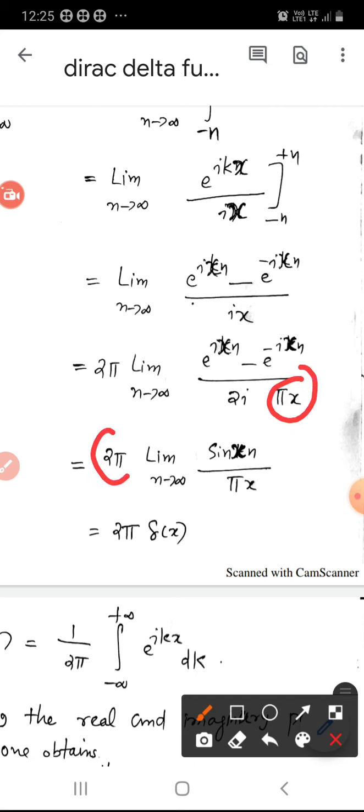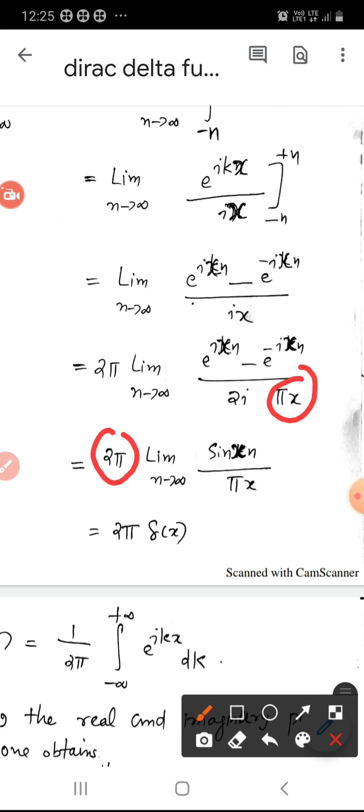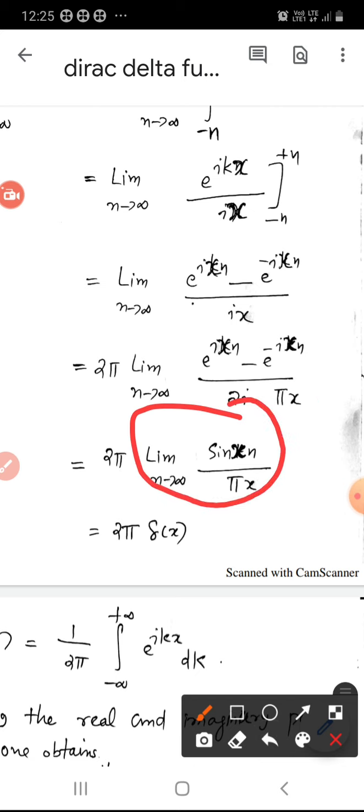So this is the limit as n tends to infinity of [exp(ixn) minus exp(minus ixn)]/(ix), which is equal to 2π times the limit as n tends to infinity of [exp(ixn) minus exp(minus ixn)]/(2iπx). This is, we know, the formula for sin(xn). So we get sin(xn)/(πx), and the limit as n tends to infinity of sin(xn)/(πx) is δ(x).